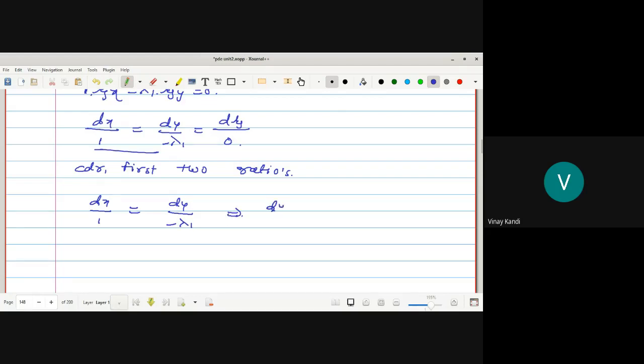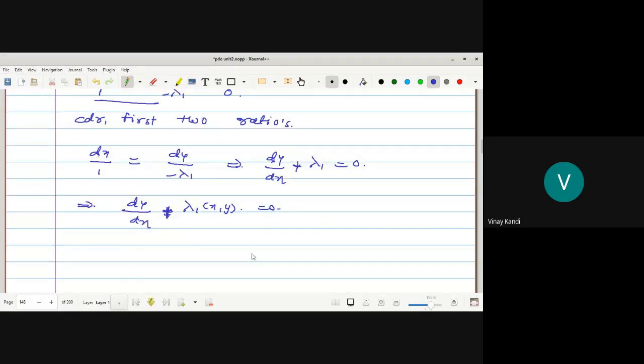That implies dy by dx plus lambda 1 is equal to 0. Lambda 1 is the root, so this is a function of x and y. After solving, we get F1 of xy is equal to c1.